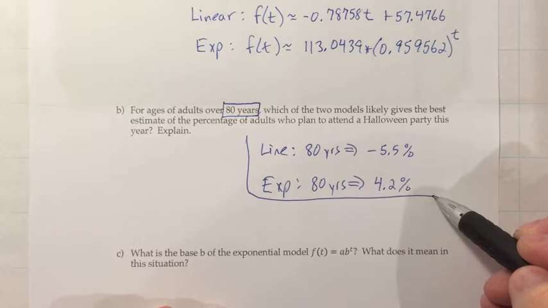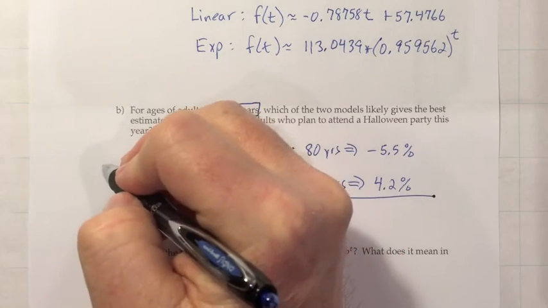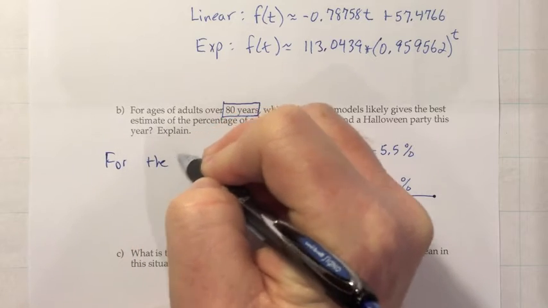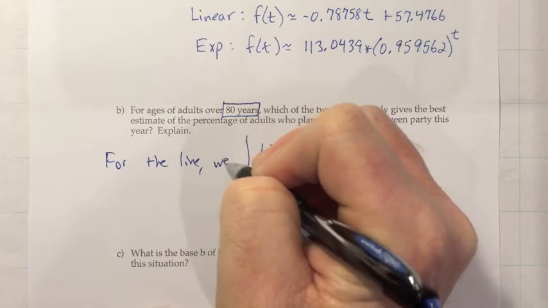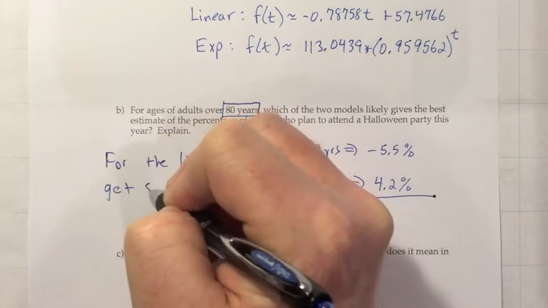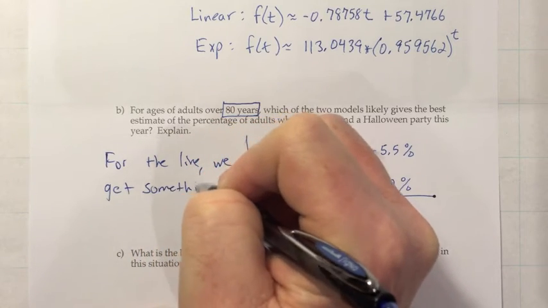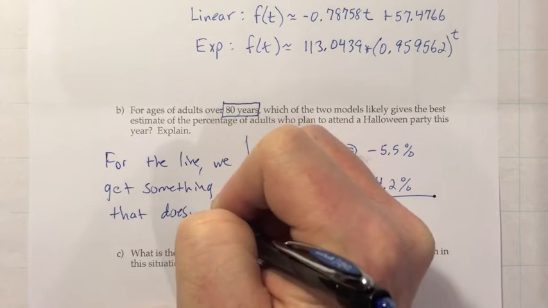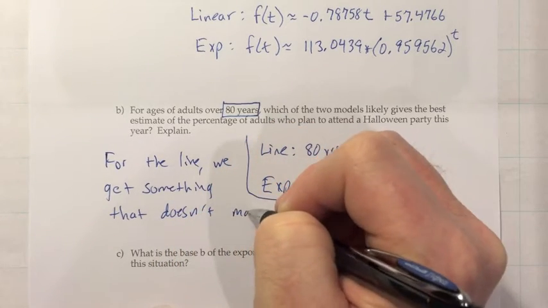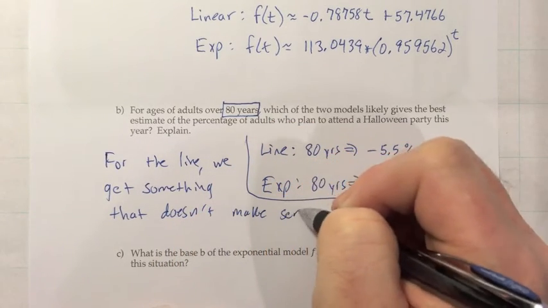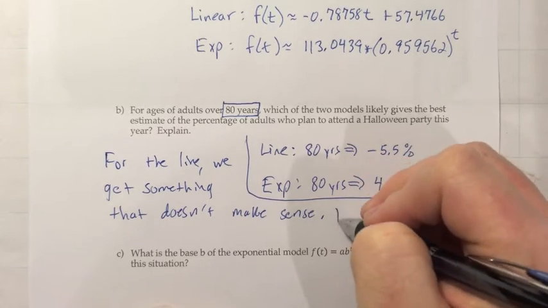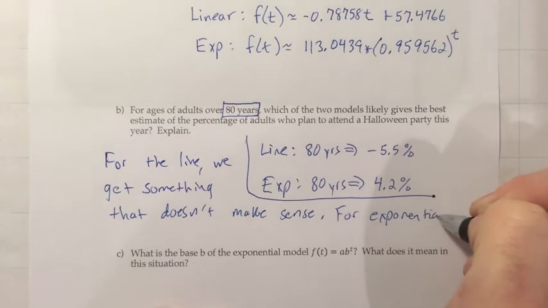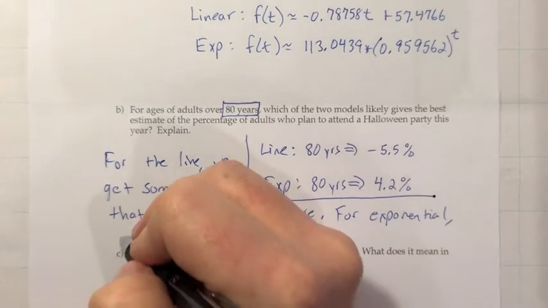Well, here's our two predictions, right? So for the line, we get something that doesn't make sense. But for exponential, I think we get a reasonable answer.